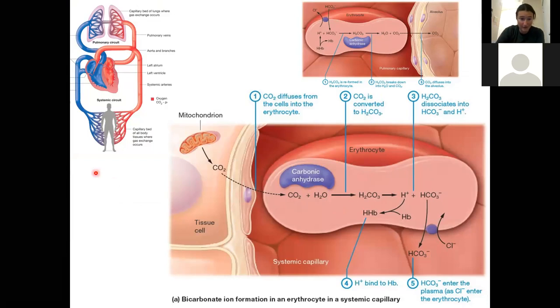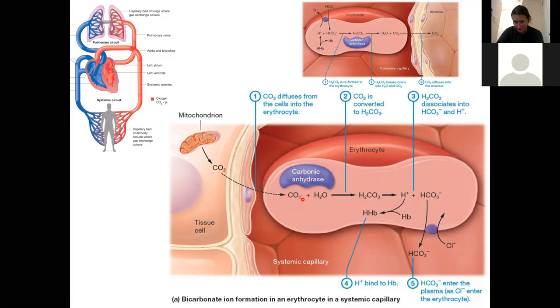In the tissues, so way down here in the systemic circulation, we know that our tissue cells are producing a ton of carbon dioxide. We know that carbon dioxide is going to facilitate the unloading of hemoglobin. So how exactly does that work, and how is carbon dioxide transport affecting that process? Okay. CO2 diffuses across the tissue cell membranes into the capillary and into our erythrocytes.